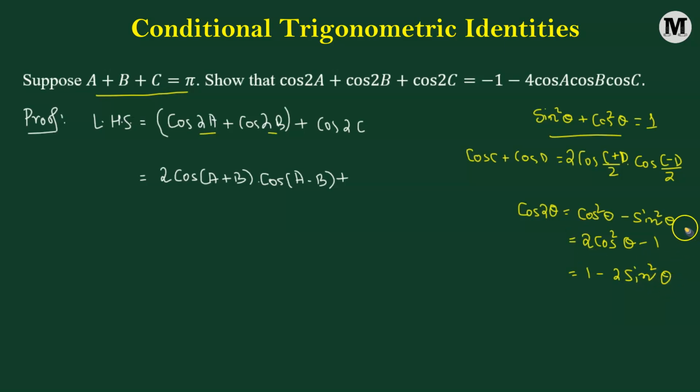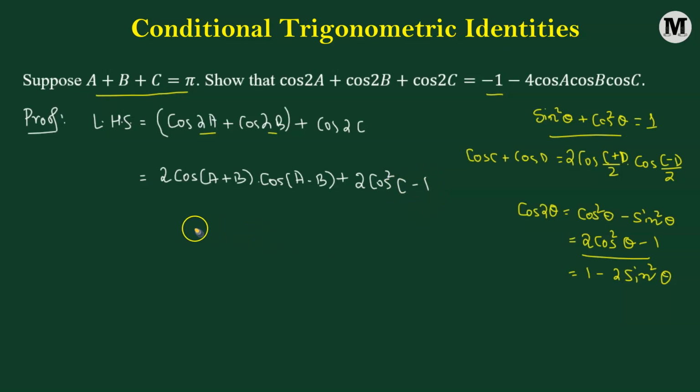Of these three forms, we're going to use the one that's going to give us -1, because we need -1 on the right hand side. So it's better to use 2 times cosine squared theta minus 1. In our case, angle theta is actually C here, so we should get 2 times cosine squared C minus 1.